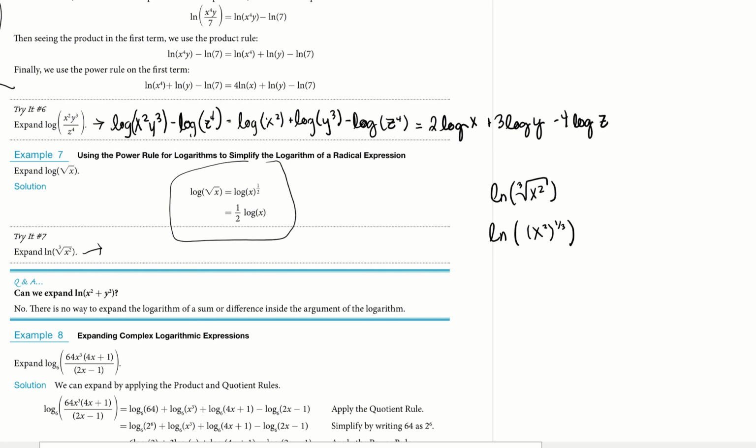And I can just multiply those exponents. So I'm going to have ln of x to the 2/3. And that's going to give me 2/3 ln x.